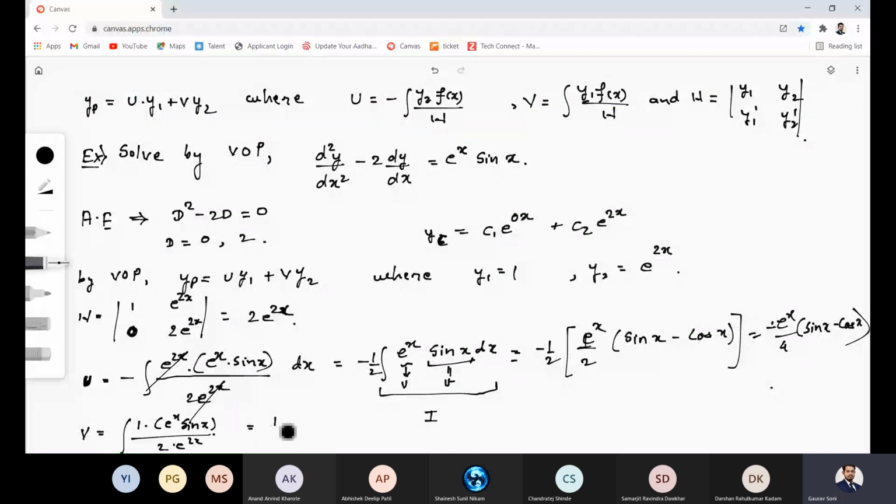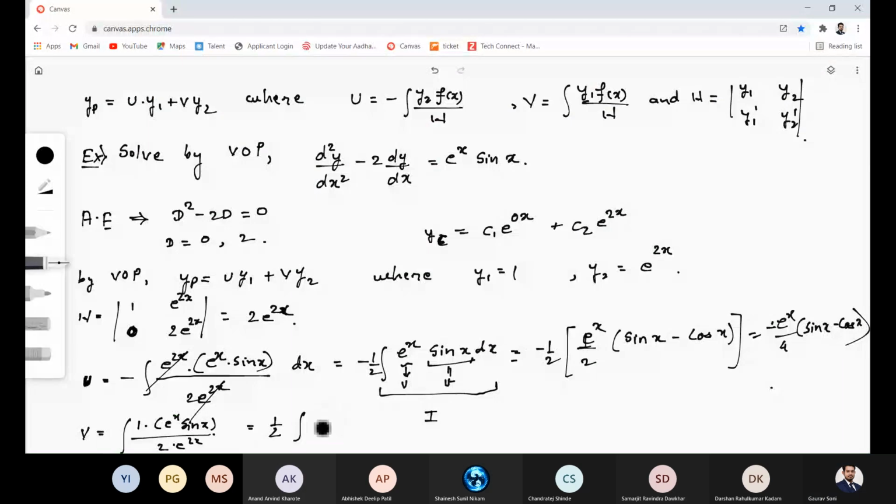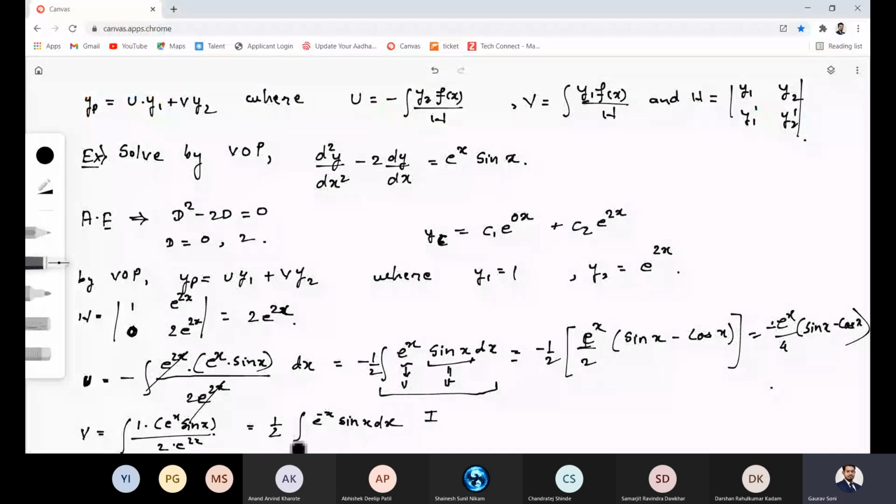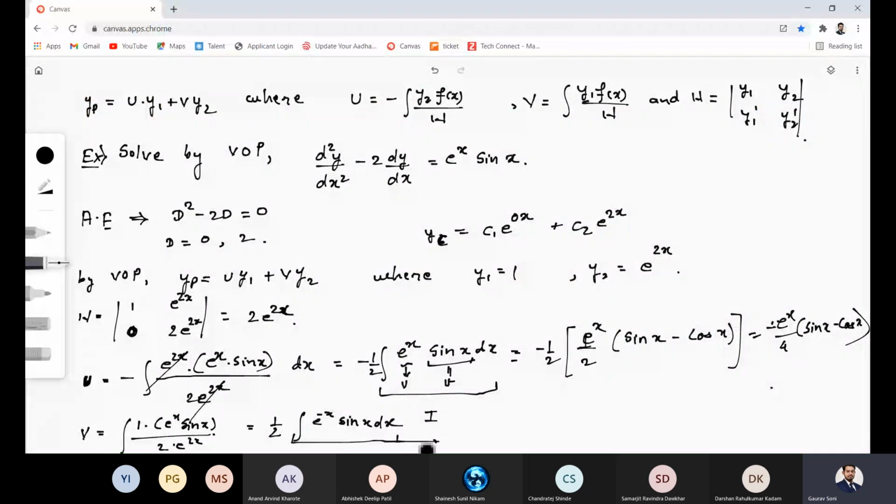So that will be 1 by 2 integral e to the power minus x sin x dx. Again, this you will have to solve by the previous method and see what you get, and that will be our final solution.